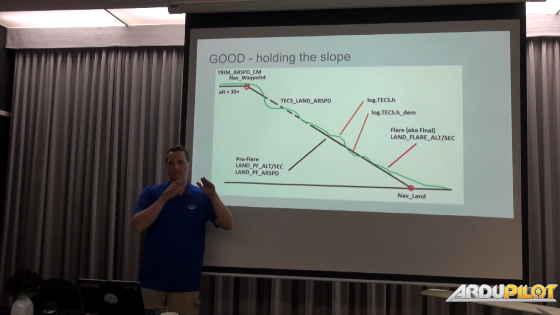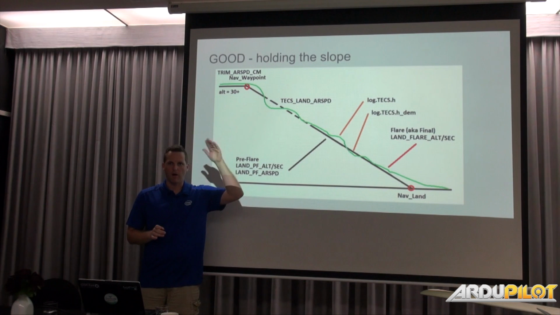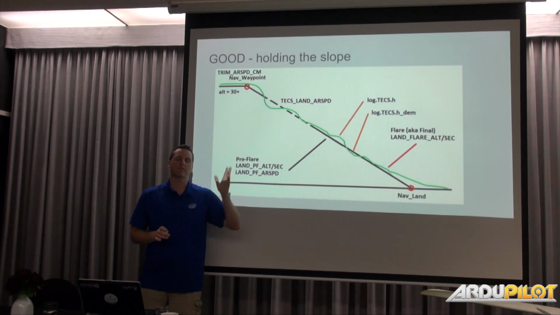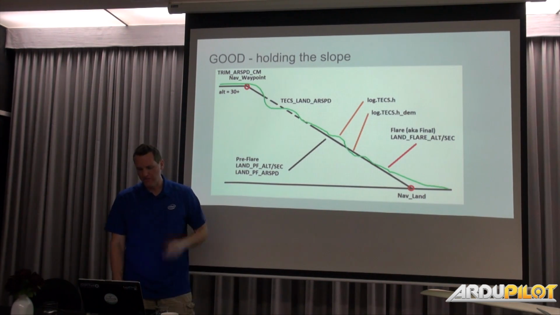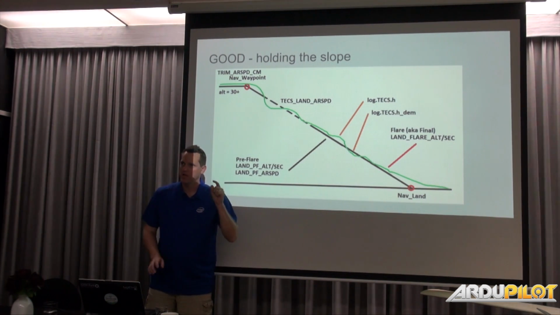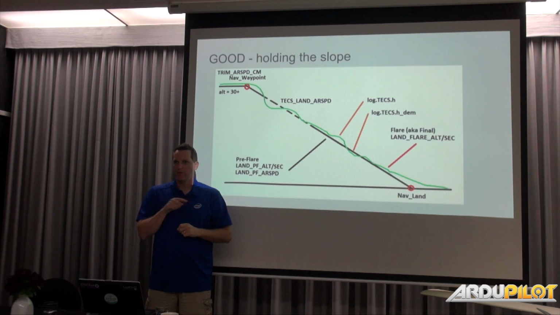So it gives us this margin of error where you can slow down, but you're still safe. Up high, you're at a conservative airspeed, and as you get down, you can get a little risky as you're slowing down to the ground. So this is a good chart, where your actual is meeting your theoretical.